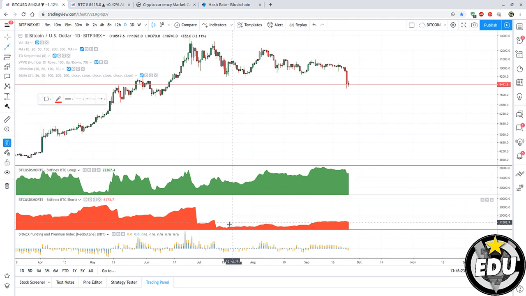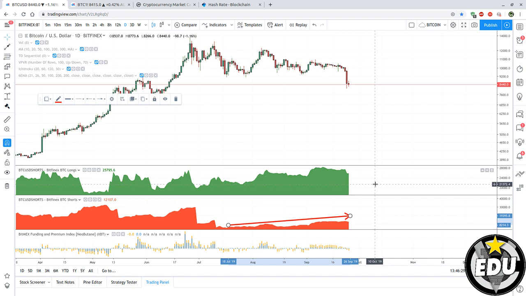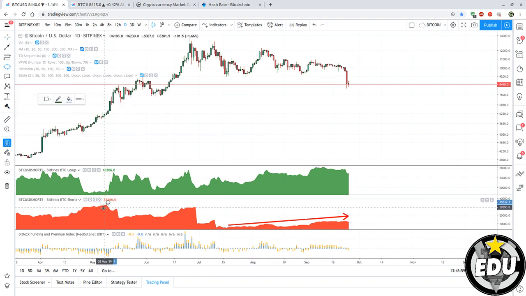Yesterday I posted a chart that shorts are increasing, which might sometimes predict that traders are more interested in shorting, so the interest is going higher, more people are opening shorts, and in the short term this indicator can actually be a bearish indicator. Then of course when short positions become extremely high, that's the opposite. In fact, for example, here there were extremely high short positions, and we got a pump.